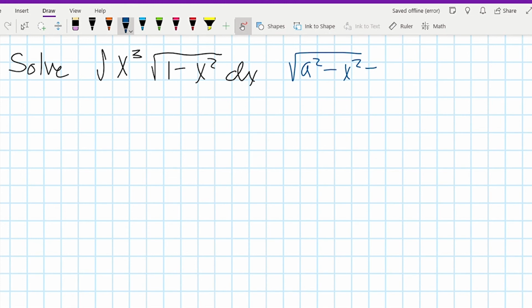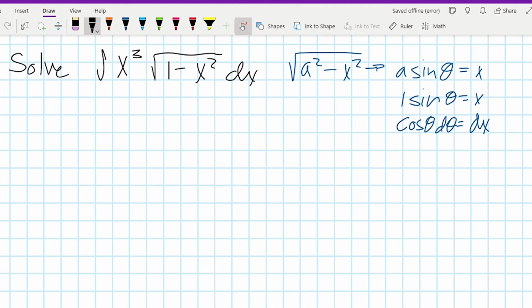And in the equation, this becomes a sine theta equals x. And so for us, this will be 1 sine theta equals x. And our dx will be 1 cosine theta d theta.